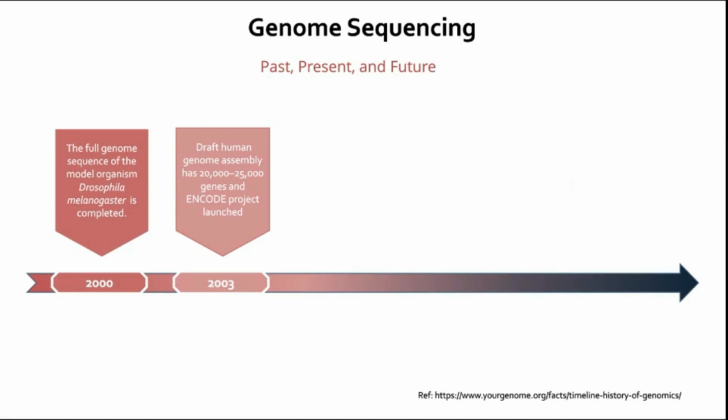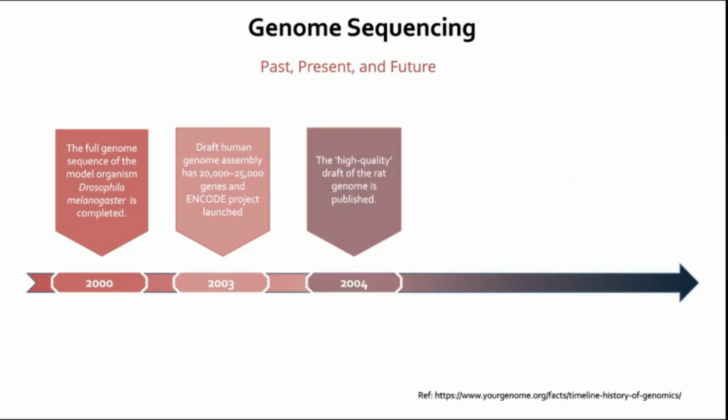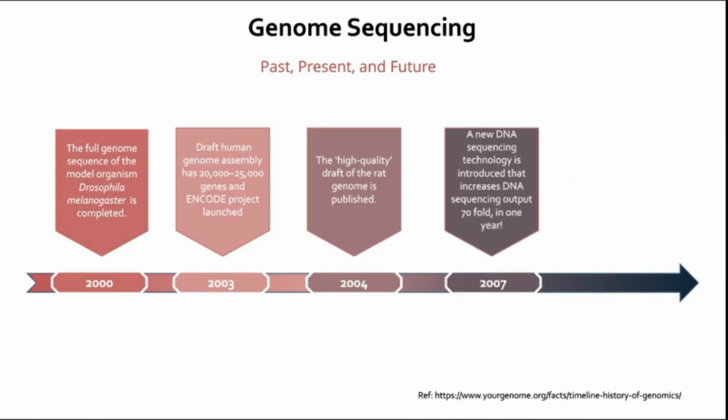It had 20,000 to 25,000 genes. In 2004 we had a high quality rat genome, and after 2007 we got multiple DNA sequencing technologies capable of producing millions of base pairs.